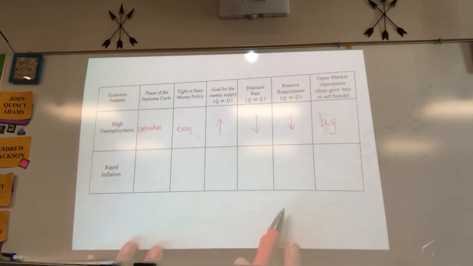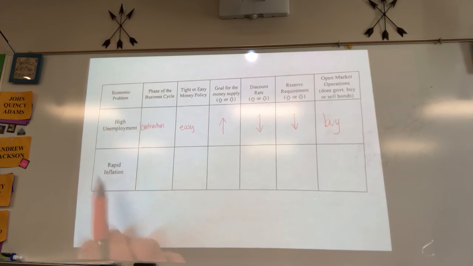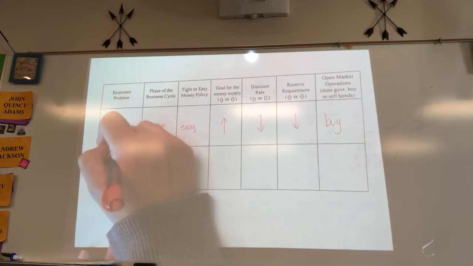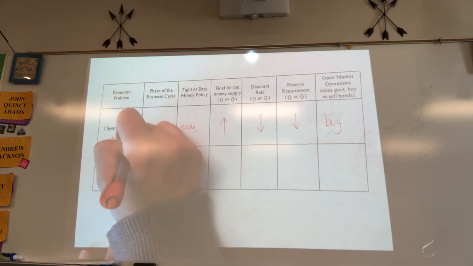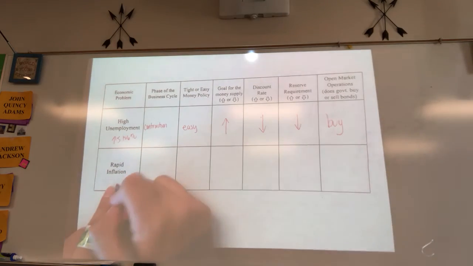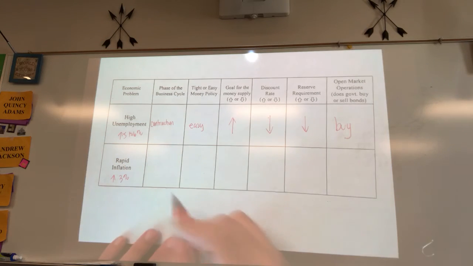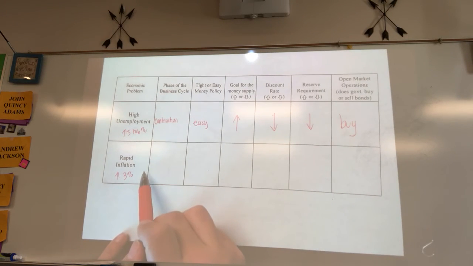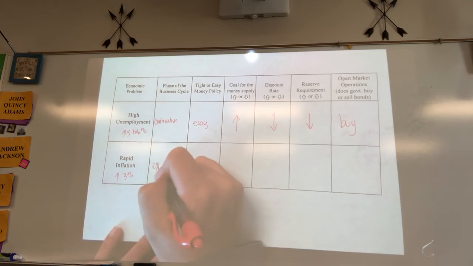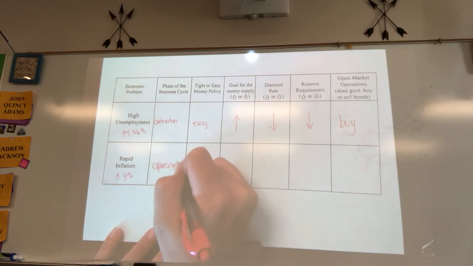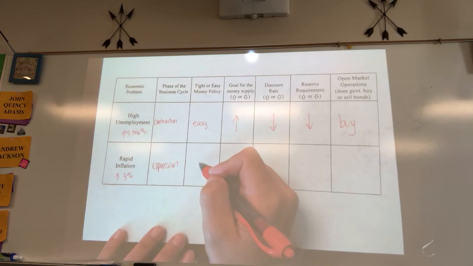Yeah. Okay, so there's rapid inflation. High unemployment is over 5 to 6%. Rapid inflation, it's over what? 3. So if we're having rapid inflation, what phase of the business cycle am I in? What policy do we want to run?